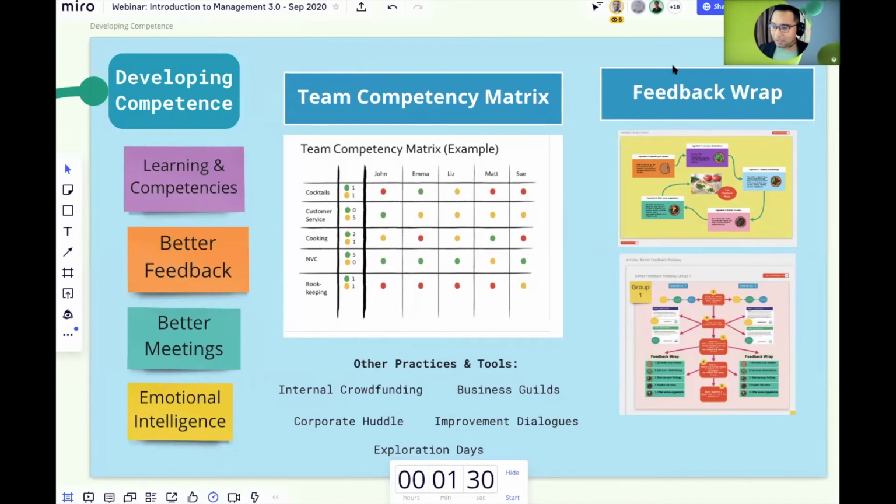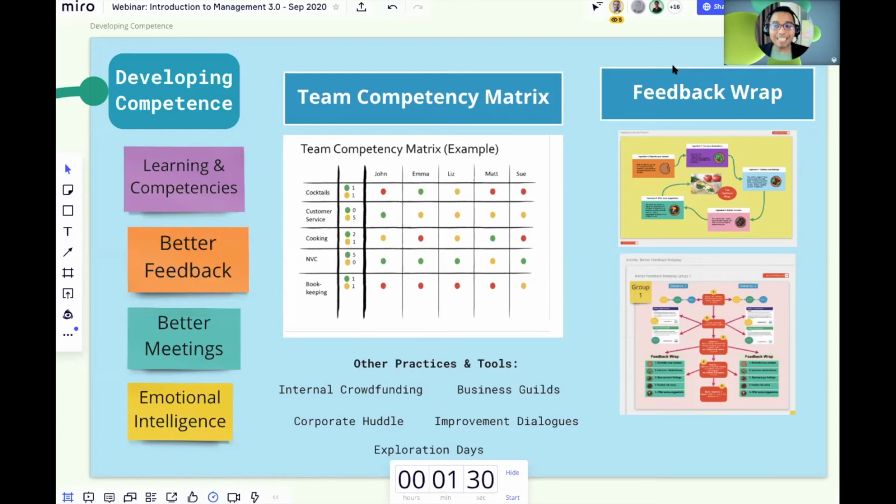And there's also a topic on emotional intelligence. There's a practice here called team competency metrics, where as a team you can understand where the gaps are, what knowledge or skill set we can share across to the other team members, or what skill set isn't available within the team, and this is where we need to go and get an upgrade.